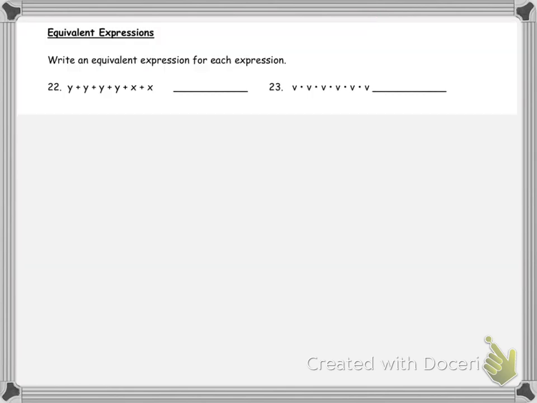Okay, next. Write an equivalent expression for each expression. Here's where I want to write this as efficiently as possible. So this is like sorting baseball cards. I've got one X here and another X there. That's a total of 2X. Plus, I've got some Y's.